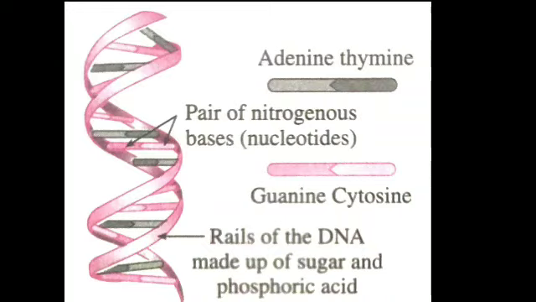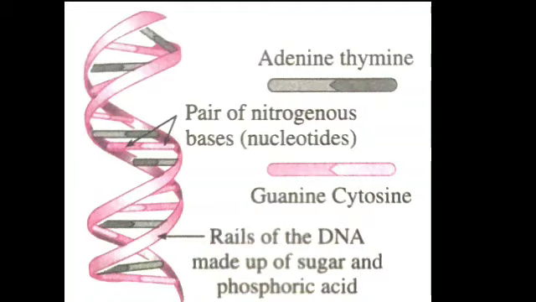You can also use different color pens for drawing this adenine thymine and guanine cytosine. They had also given us the pair of nitrogenous bases, means nucleotides, and the rails of the DNA made up of sugar and phosphoric acid in this figure. So draw the figure in your answer sheet.